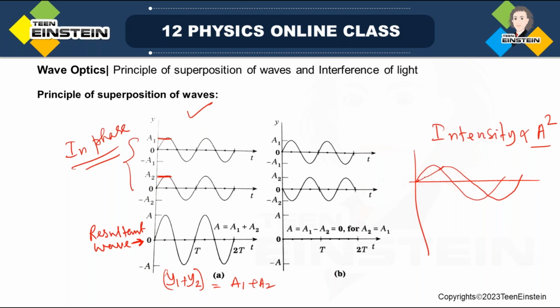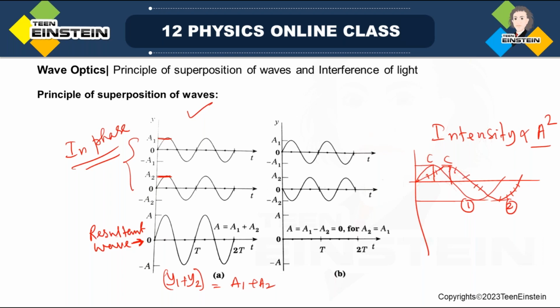So suppose this is wave 2, and this is wave 1. Look at their positions: the crests are not falling at the same position, whereas the amplitudes may be the same, but they are not in phase. They have some phase difference.